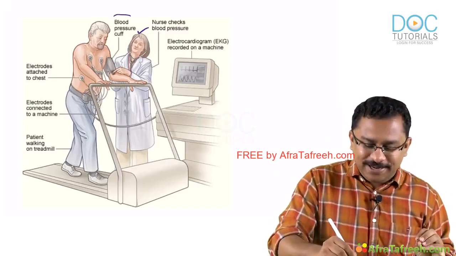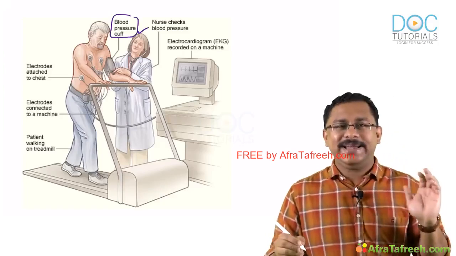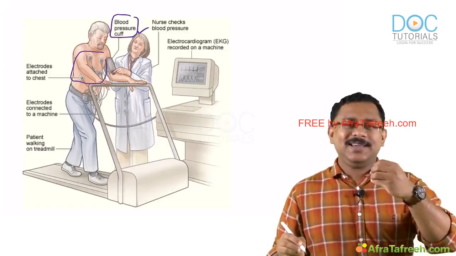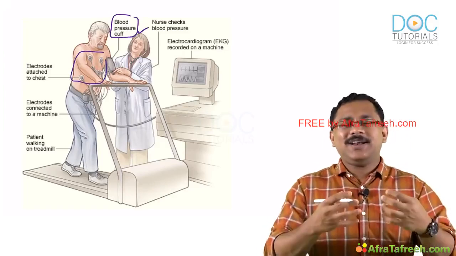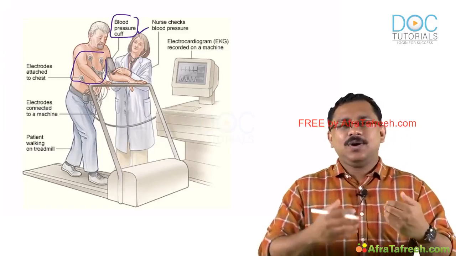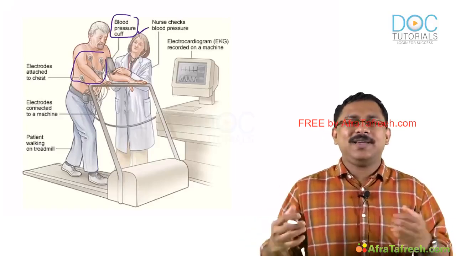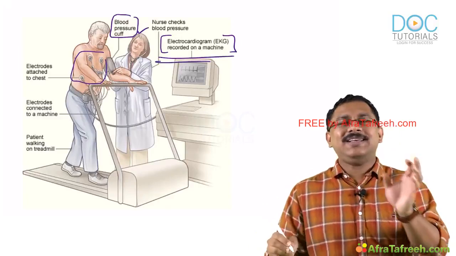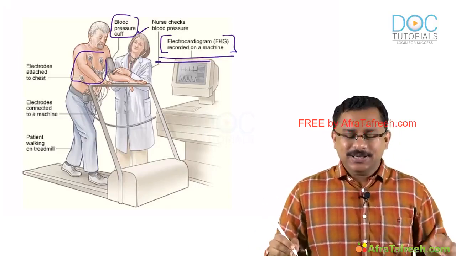So you will have a blood pressure cuff that is being tied. Also, you will have the ECG leads on the patient, because what is ultimately done is, while the patient is walking, you are recording the ECG in the machine.